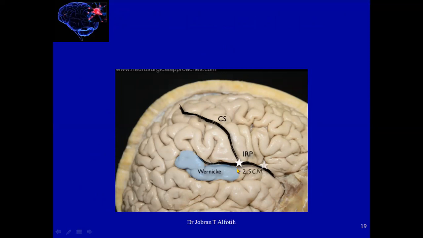The inferior rolandic point is the anterior limit of the transverse gyrus of Heschl, which is actually the anterior limit of the Wernicke area. Extending our lobectomy behind the IRP will injure the Wernicke area.